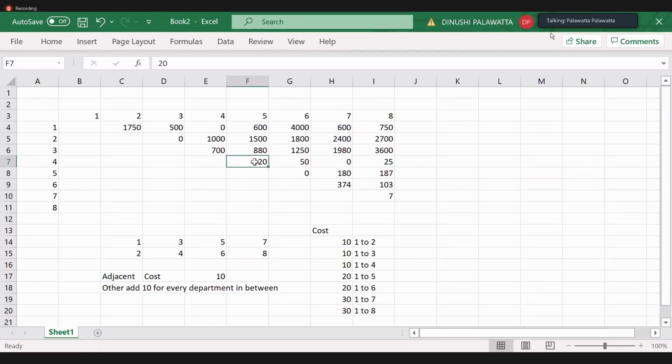And 4 to 5 is 10. 4 to 8 is 20 multiplied.